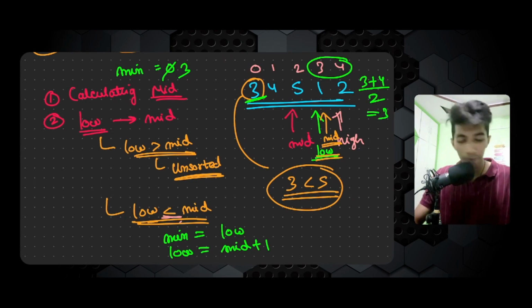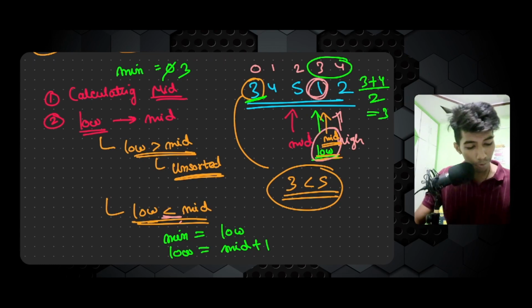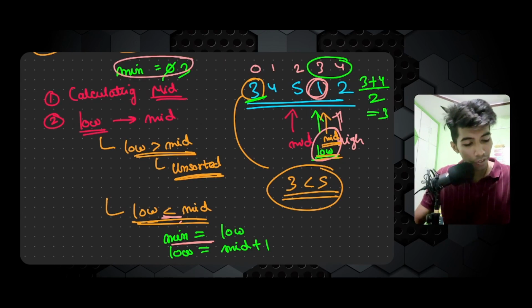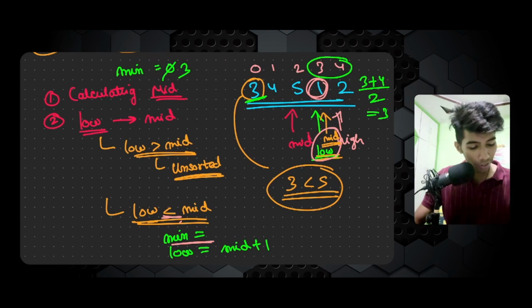So what is happening here? My low and mid are at the same place. Then I will be checking this minimum value. I will check the minimum of low and the previously written min.